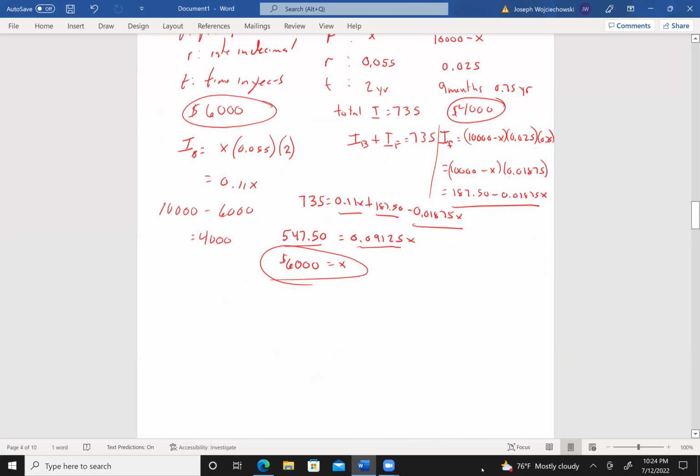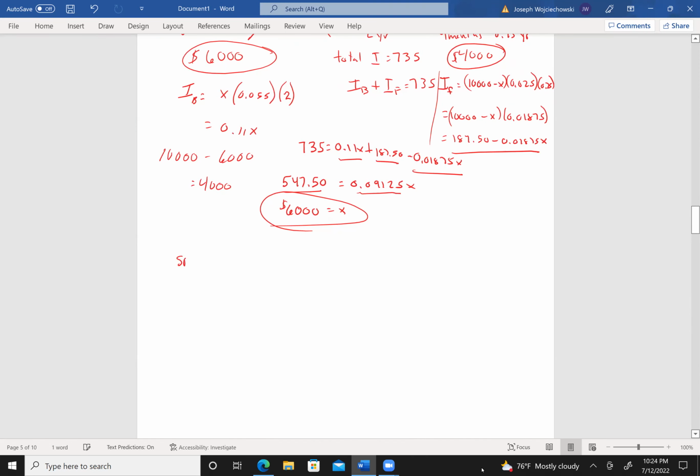Okay, skill practice number 2. We're looking at mixing. So we have how much of a 4% acid solution should be mixed with 200 milliliters of 12% to make a 9% acid solution. So we don't know that. We know the 12%, we have 200 milliliters.